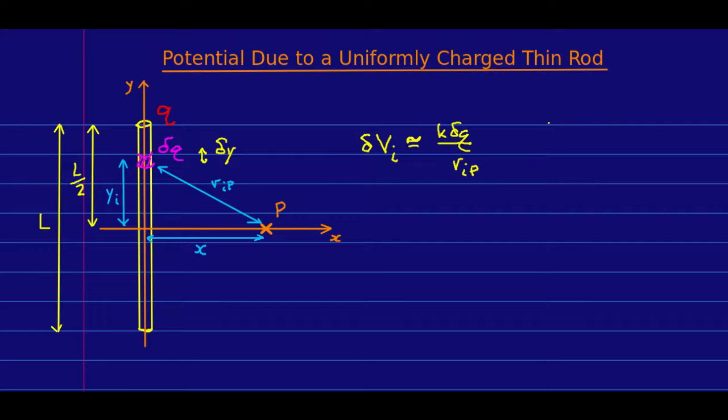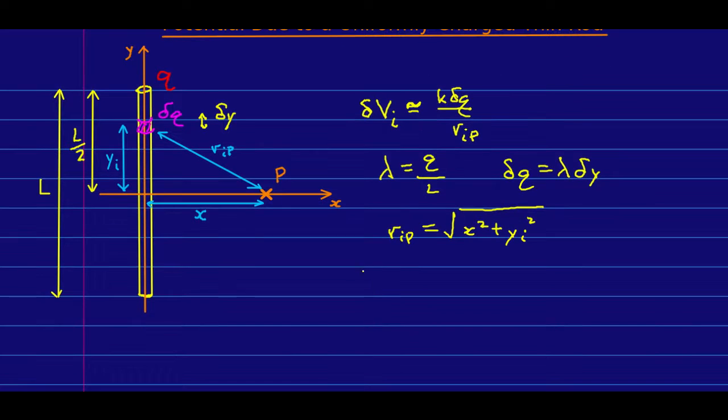So as with the field, I can say that there is some uniform linear charge density lambda, which is just Q over L, and I can express delta Q as just lambda delta Y. And RIP just comes from the Pythagorean theorem. It's going to be root x squared plus yi squared. At which point I can put the whole thing together into my potential due to one piece of the rod.